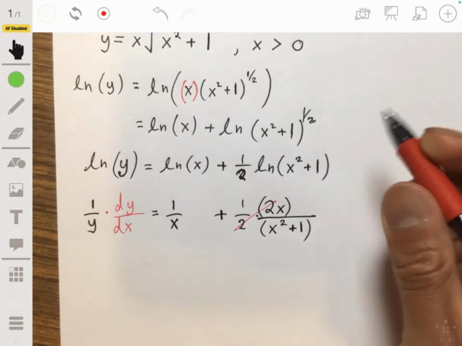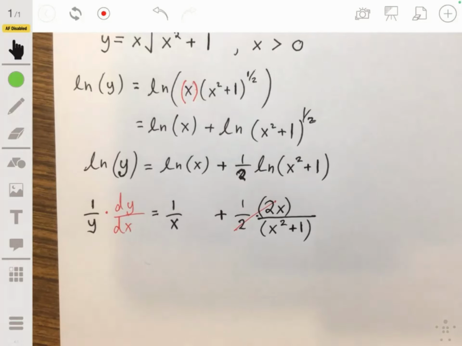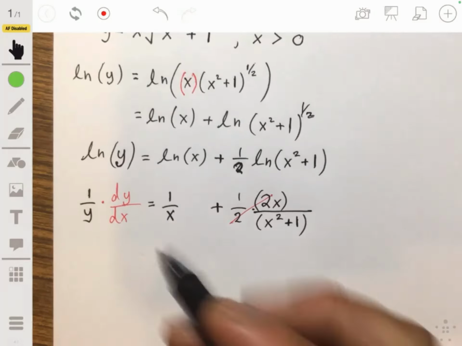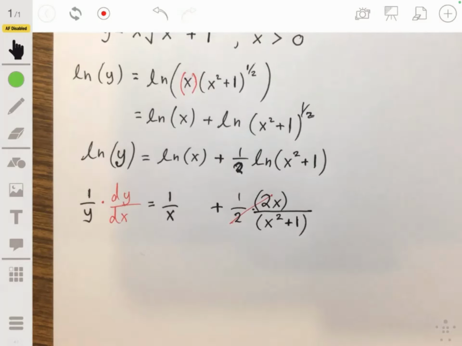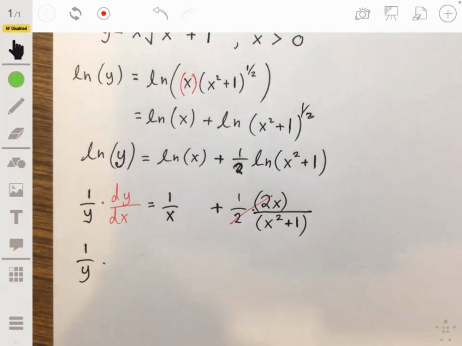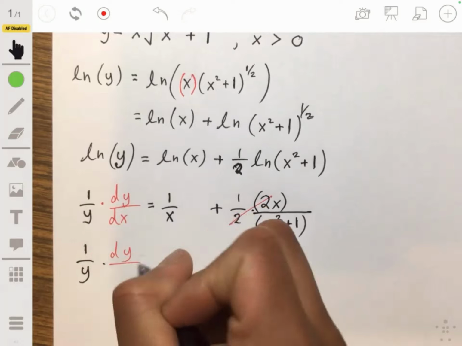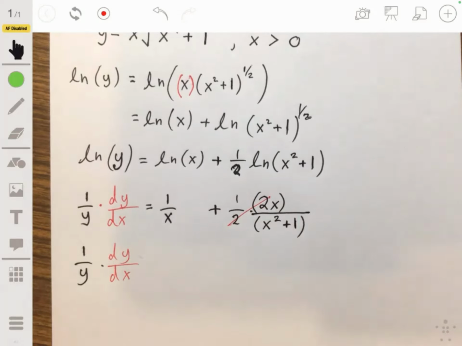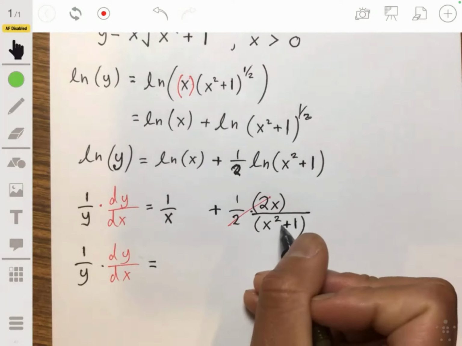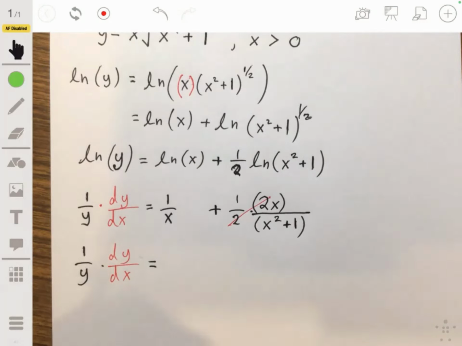Here we can cancel out the 2's. And to combine these, we're going to need to have the same denominator. So let's keep on going. So we have 1 over y dy dx be equal to, we're going to multiply this by x squared plus 1 over x squared plus 1.